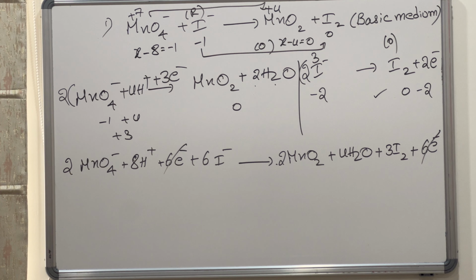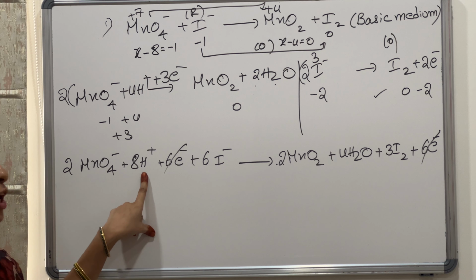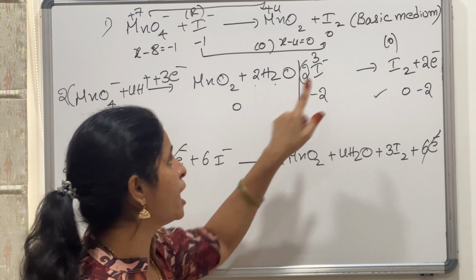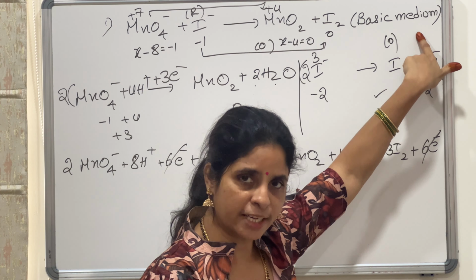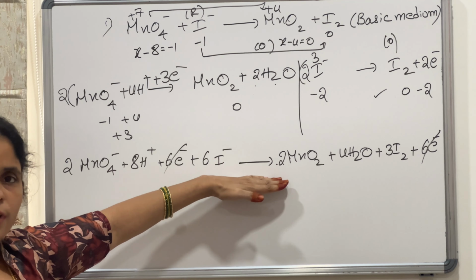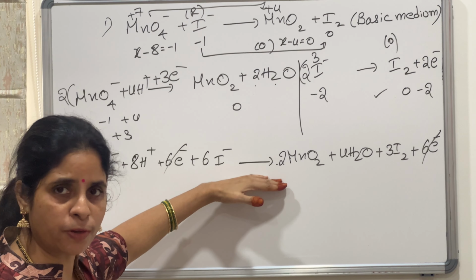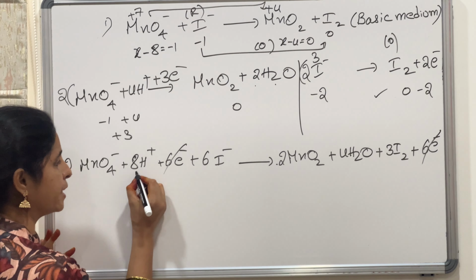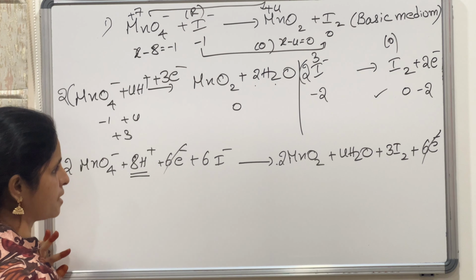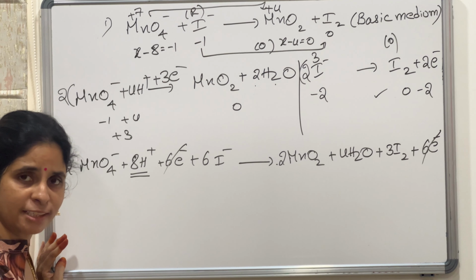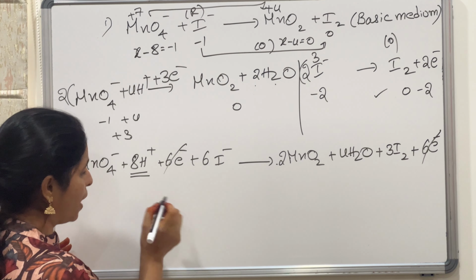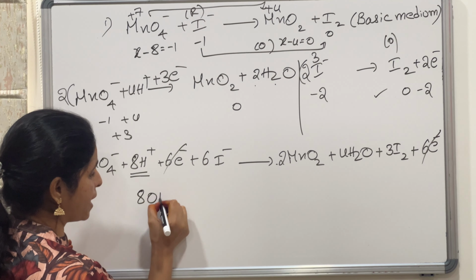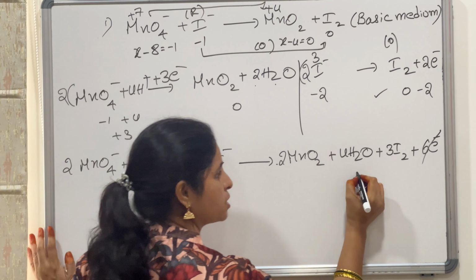Now there is H plus, no? Now you want this equation in a basic medium. Till now you have followed the same procedure. At this point, you look for the H plus ions. How many H plus ions are there? 8. So you add 8 OH minus ions on both sides.